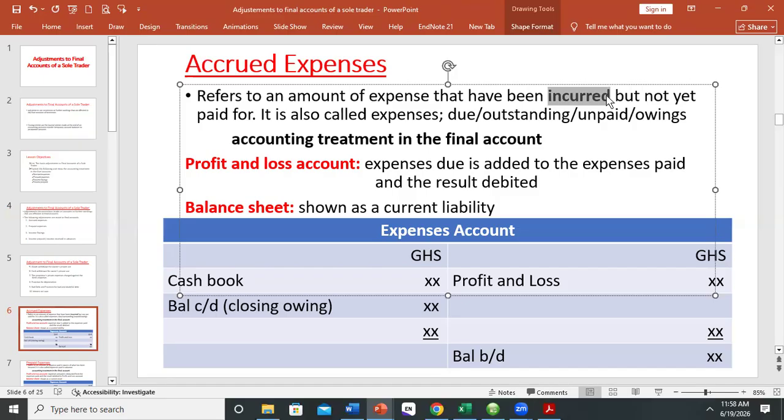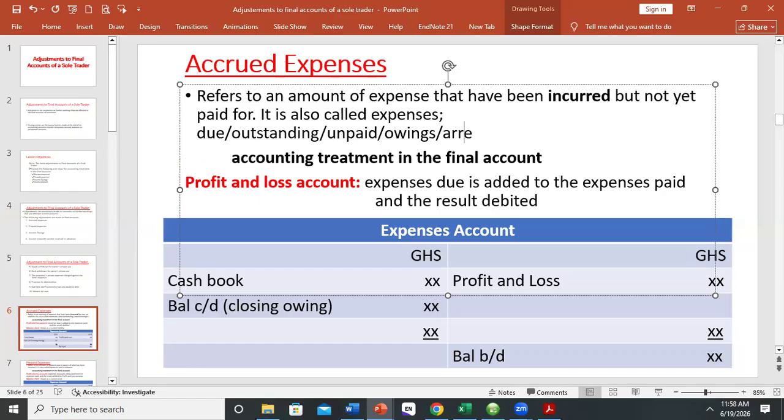You can also refer to accruals as balances due or outstanding or owings or unpaid, or let me add the other one, in arrears. They mean the same thing. Arrears, outstanding, unpaid. So anytime you see accrual or accrued, we are simply saying that the business is owing.